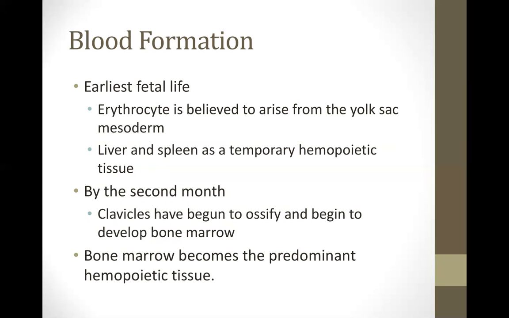But by the second month, take note that the clavicles have begun to ossify, or form bone, and begin to develop bone marrow. The bone marrow itself now becomes the predominant hemopoietic tissue. It replaces the liver and spleen, which serve as temporary hematopoietic organs.